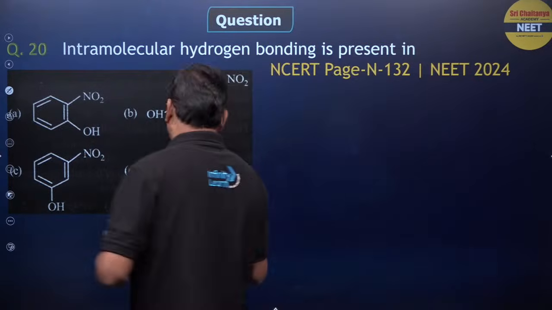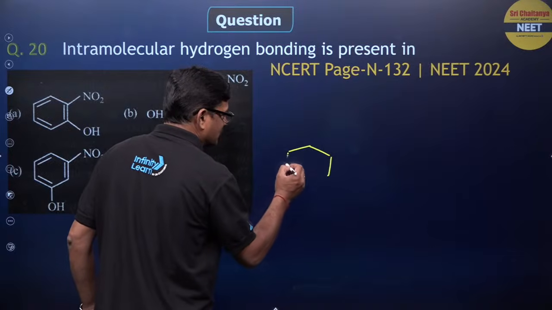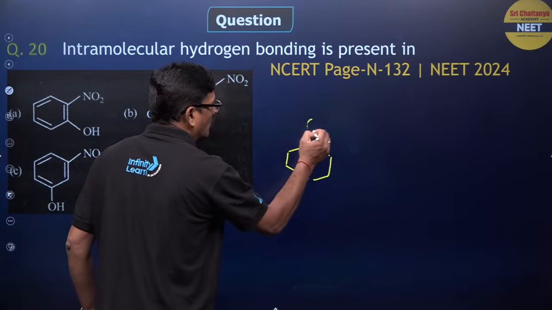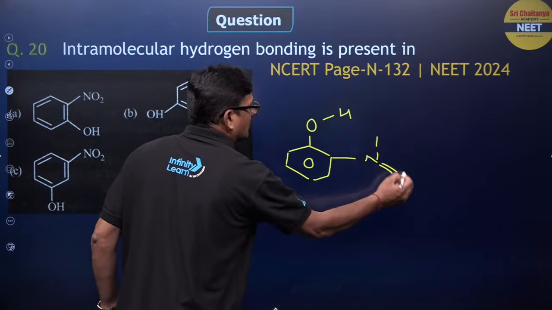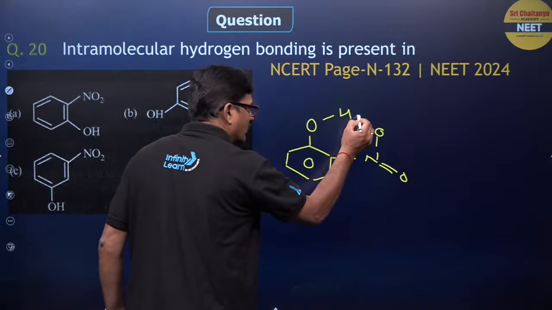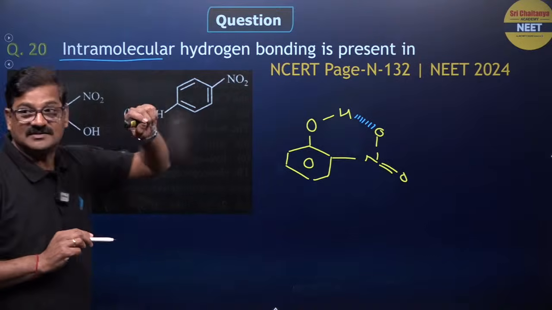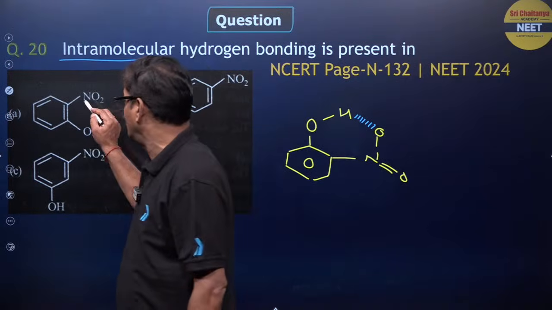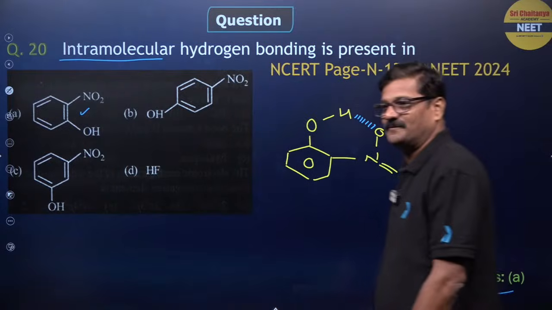You can see this orthonitrophenol is seen like this: O and H and N double bond O. So there is intramolecular hydrogen bonding here. So I can say it is clearly intramolecular. My answer is going to be orthonitrophenol. Option is going to be A. Fine.